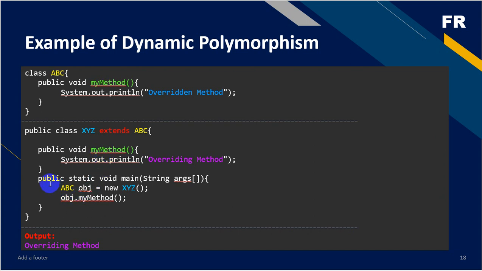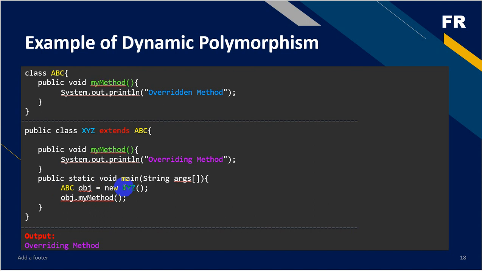Okay, I have a main function right here. Now the important thing to note is I am going to create an object of XYZ, and remember XYZ is my child class. I have created the instance through the new keyword. Do not focus on the left side of that assignment, just focus on the right side.